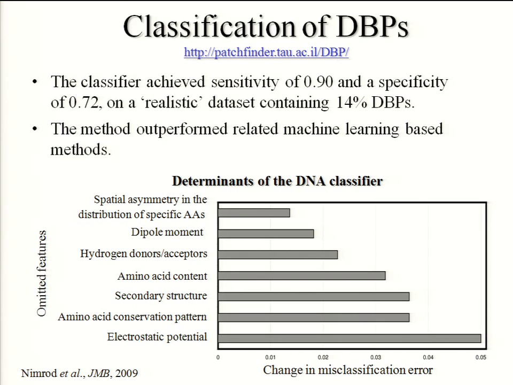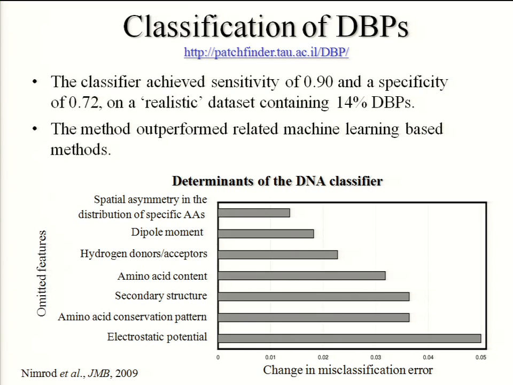It outperformed related machine learning based methods, and you see here the main attributes for the success. The calculation here was done by running the method with and without the property. So for example, the major attribute is the electrostatic potential you see here. Amino acid conservation patterns, secondary structure content, and amino acid content are all important, and it's listed here.